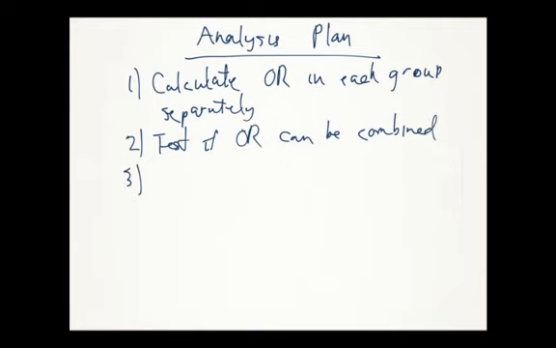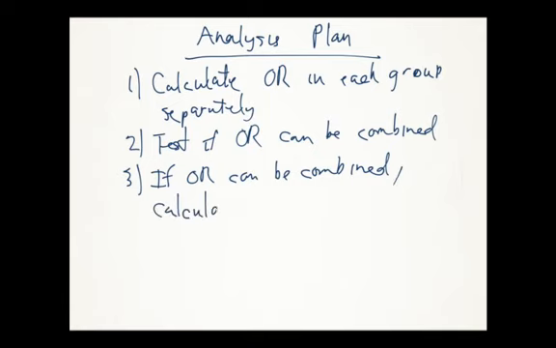Then in step 3, if the odds ratios can be combined, which is to say, if we get a p-value greater than 0.05 for our test of homogeneity, which means that we think it's reasonable to combine the odds ratios, then we obviously calculate the combined odds ratio. So maybe I should call this 3A and 3B.